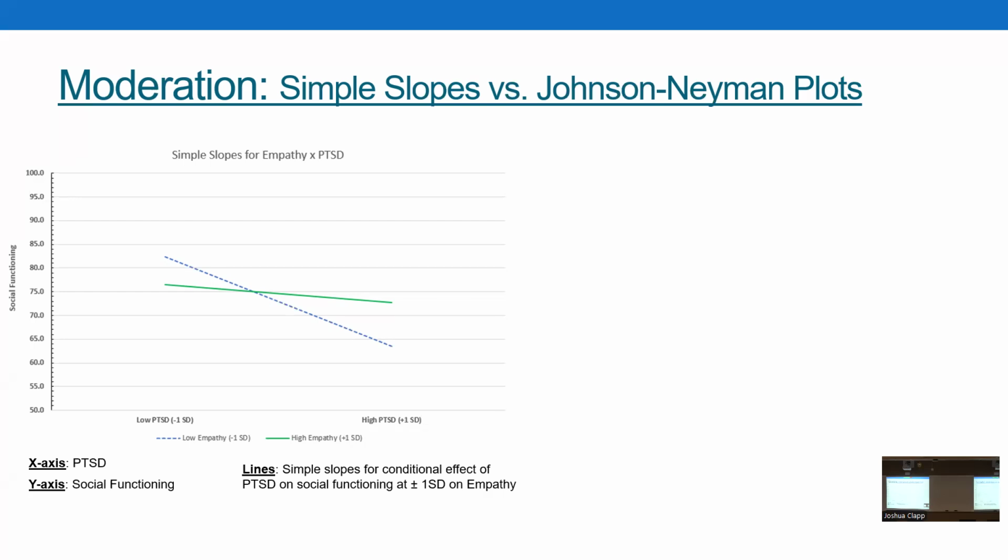Emma. Bring it back. All right. Tell me what's going on with this. What are you seeing? So it looks like there is a stronger relation between PTSD level and social functioning at low empathy and a slightly less, not significant, but I don't know what the word is, it's not as steep of a slope, meaning there's less of a relationship there.